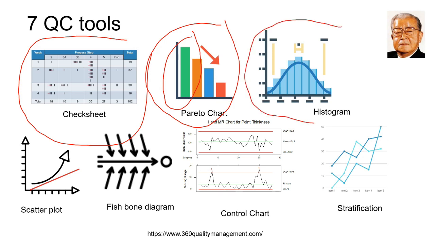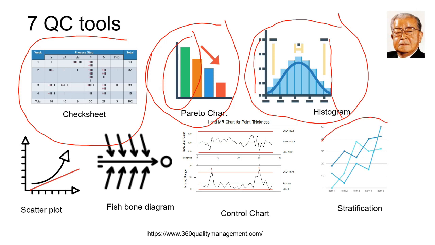Next is a histogram. It is a bar chart display of the distribution of individual measurements taken on a part, and it gives a snapshot of the variations of the whole measurement parameters.